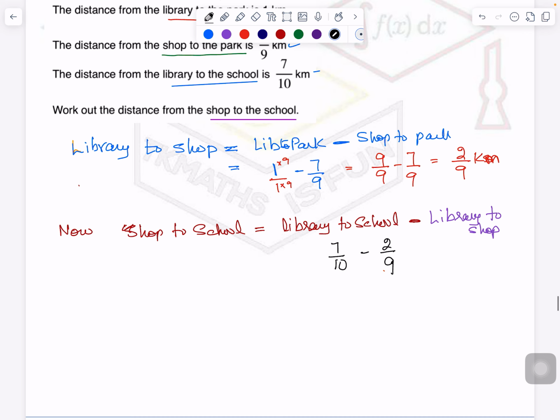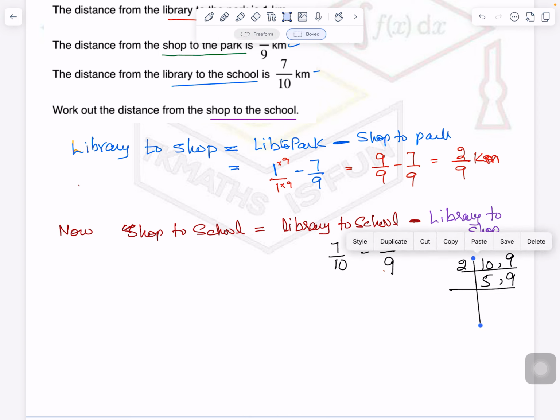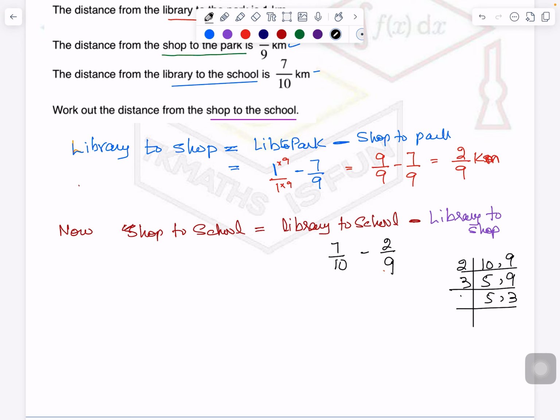So I will make denominator same, and I need to take what? LCM. You're right, because 9 is not a multiple of 10 and 10 is not a multiple of 9. If you can do it mentally, well and good. Otherwise, see here, 2 5s are 10, this will come as it is, but 9 and 5 are not multiple of 2 anymore. So now I will start with 3. 3 3s are 9, 5 will come as it is, 3 1s are 3, 5 will come as it is.